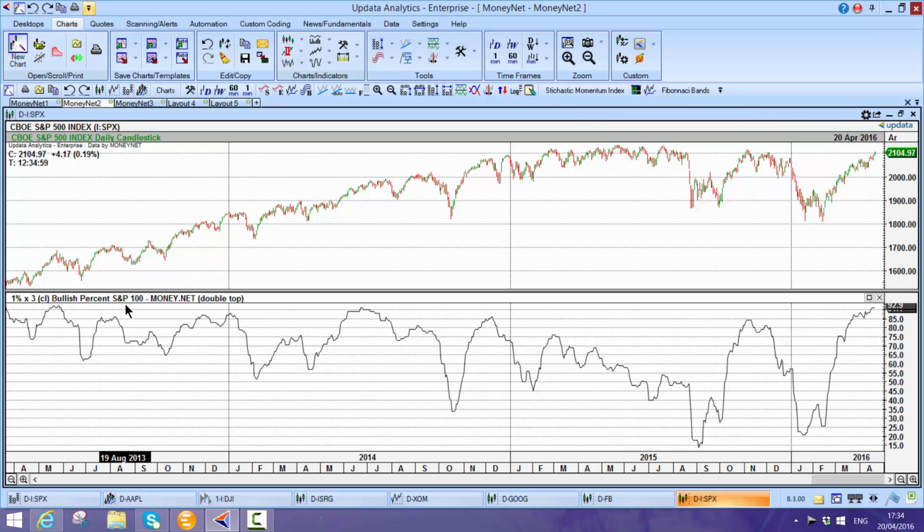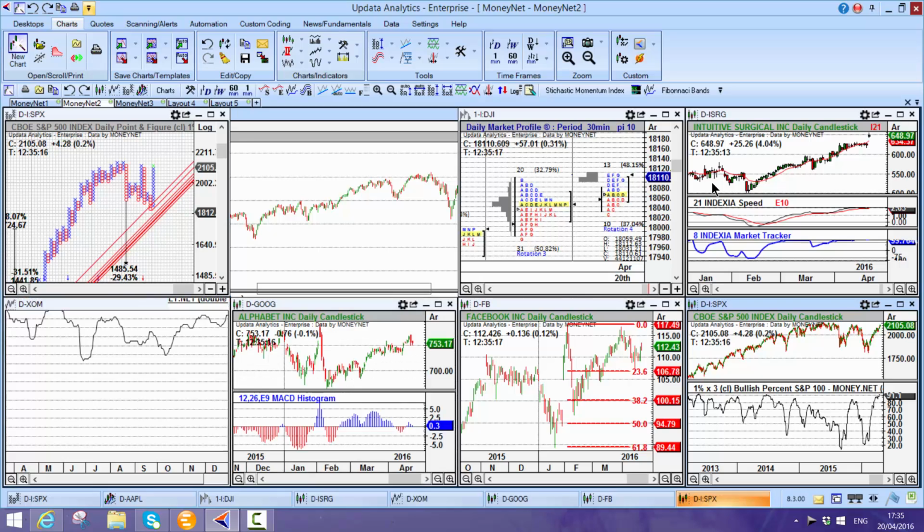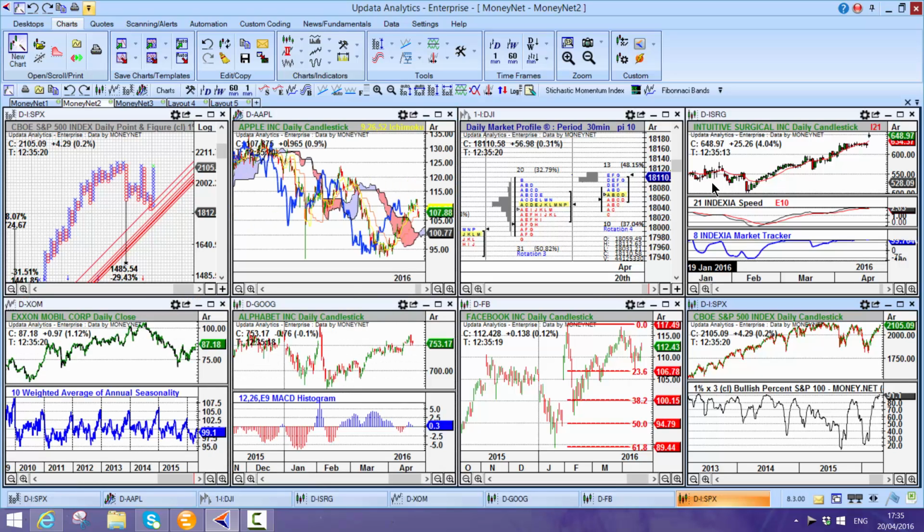So this is actually for the S&P 100 stocks, all coming from MoneyNet, calculating the cumulative totals of buy-sell signals, and at the moment we can see we're quite heavily overbought on the buy signals there. So 91% of stocks in the S&P 100 have given a double top buy breakout on point and figure basis. There's a whole series of market breadth tools there available in Updata.